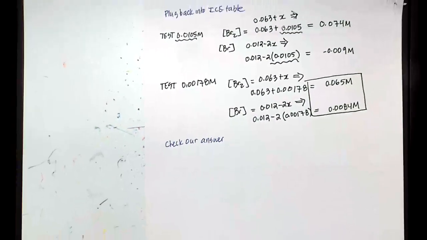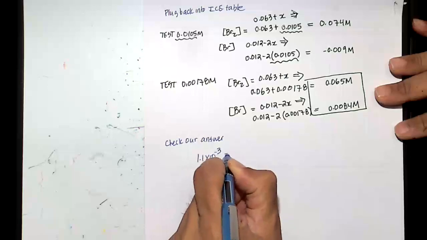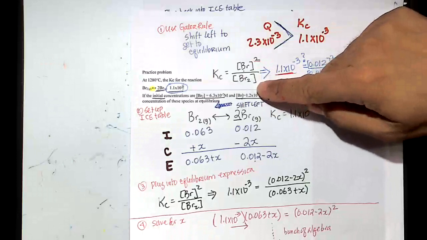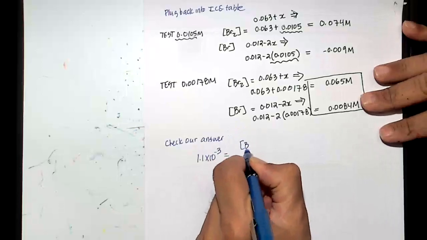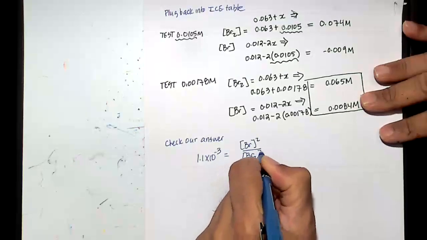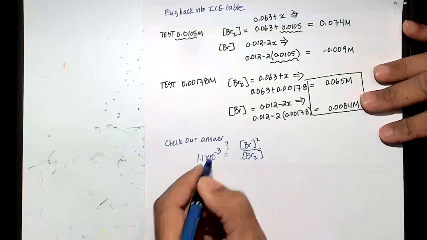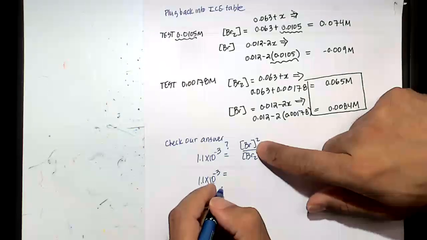So let's check our answer by plugging it back in. 1.1 times 10 to the minus 3 should equal Br squared over Br2.